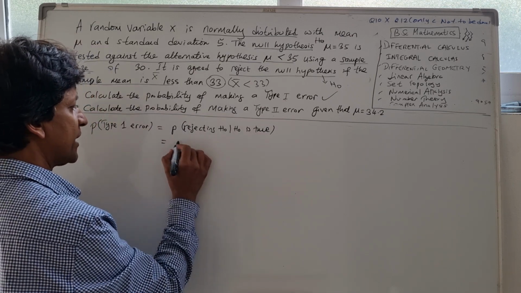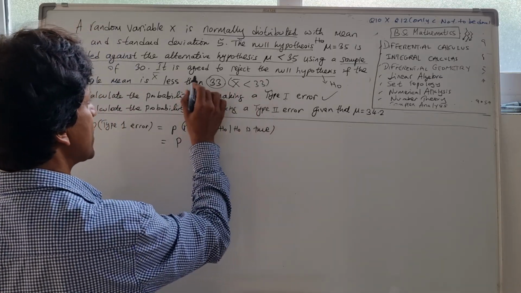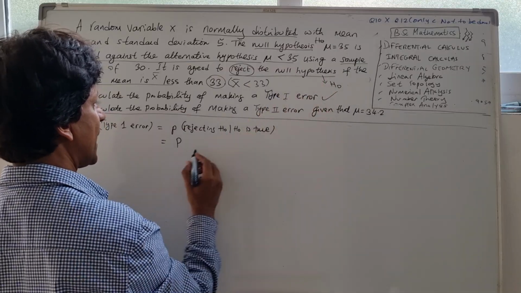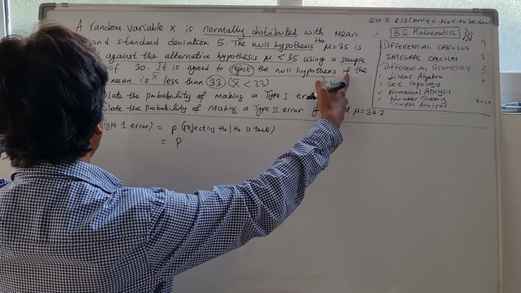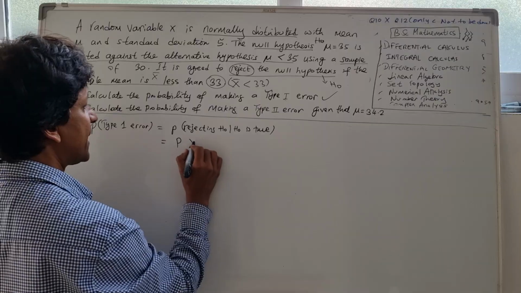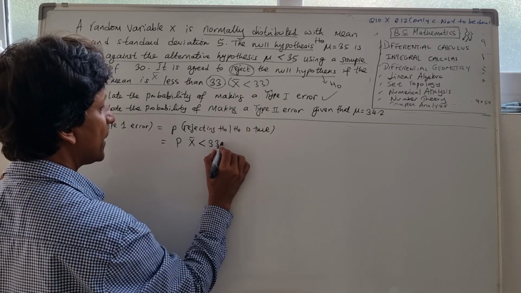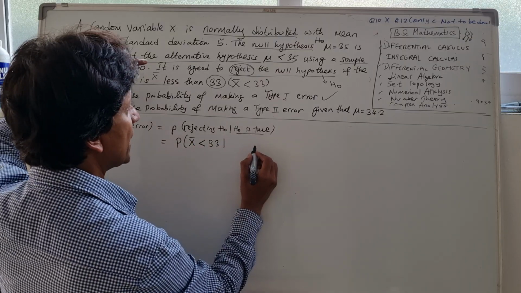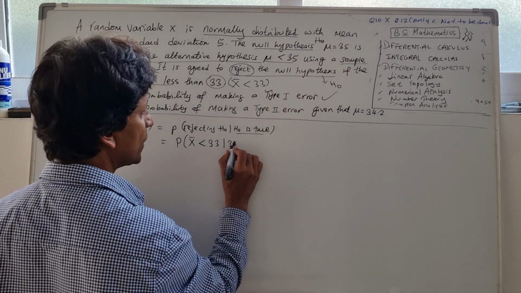So we're going to reject H0, and when are we going to reject H0? If the sample mean, x bar, is less than 33, given that the mean is true, given that the mean is now 35.